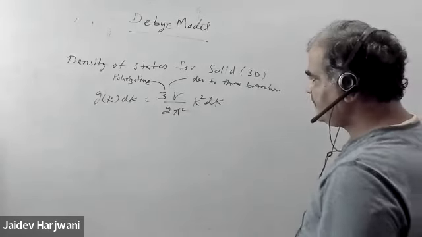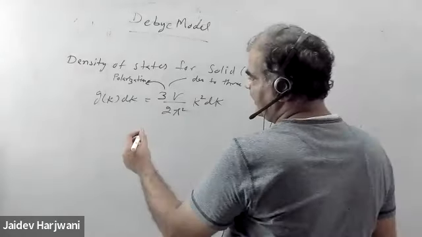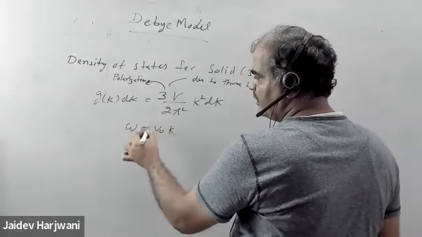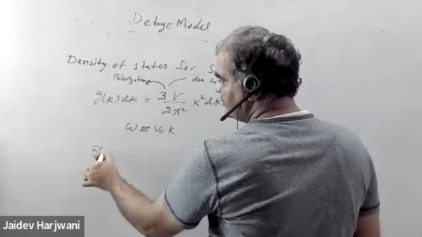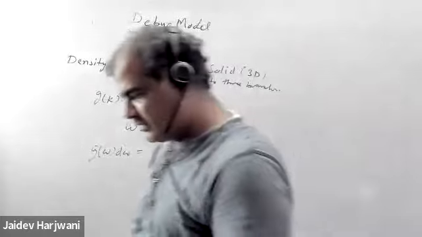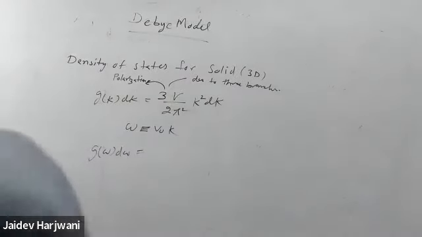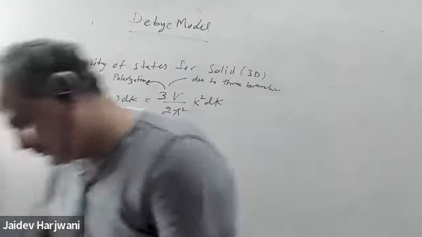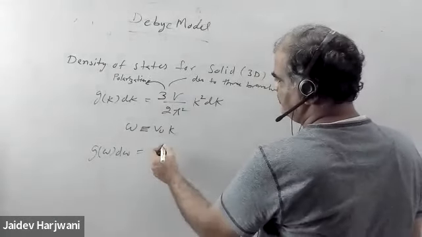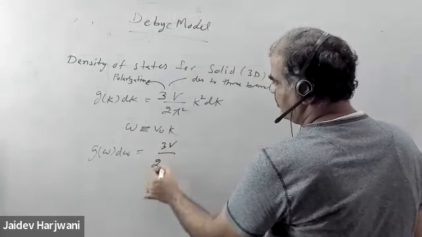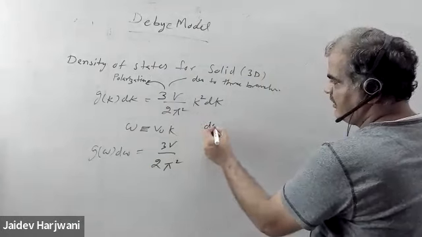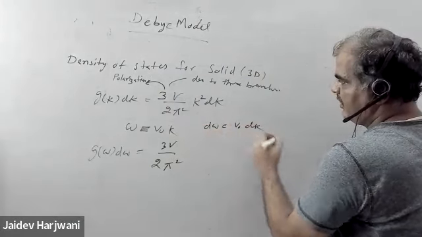Now you have g(k) dk. You also have the relation omega equals omega naught k. So you just find out g(omega) d omega. What is g(omega) d omega? So you have 3V upon 2 pi square. Now if I differentiate this, d omega equals V naught dk.